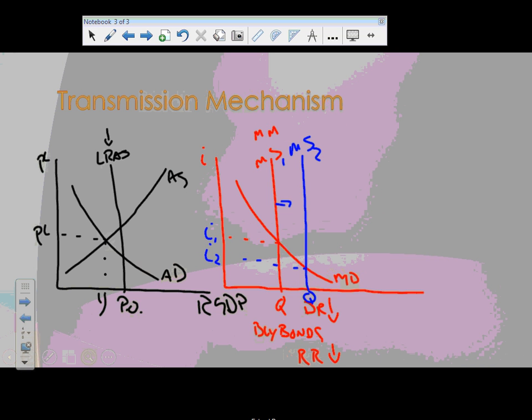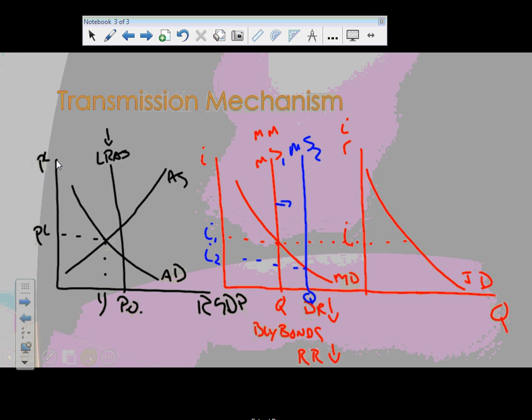So one way for us to see how this is manifested in something that could affect aggregate demand is we simply carry over our interest rates and show the effect on an investment demand curve. You could put a real interest rate and nominal interest rate. I think the point is that we're impacting the price of borrowing.